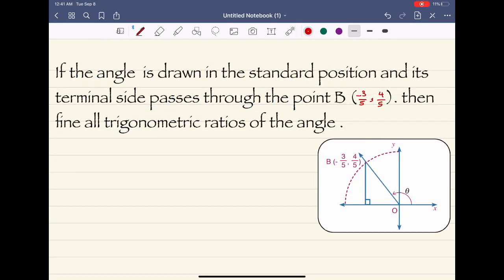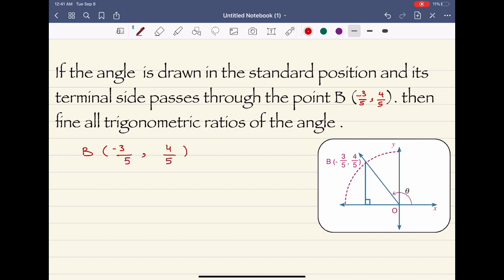If the angle is drawn in the standard position and its terminal side passes through the point B, negative 3 over 5 and 4 over 5, then find all the trigonometric ratios of the angle. At first, the point of intersection is B, negative 3 over 5 and 4 over 5.